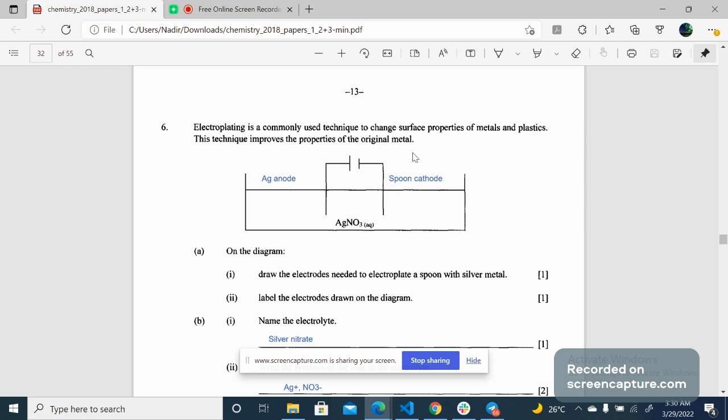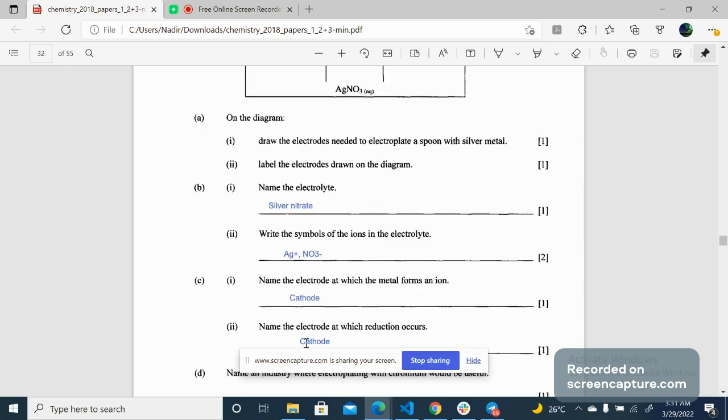Spoon is here, silver is here, this is the cathode, this is the anode. Cations will go this way, anions will go that way, and name the electrolyte. This is silver nitrate.